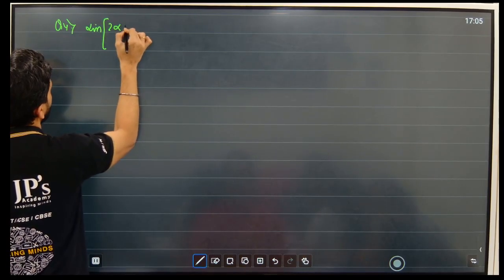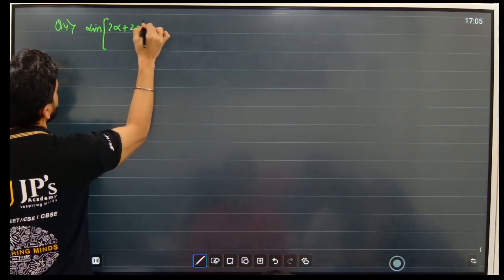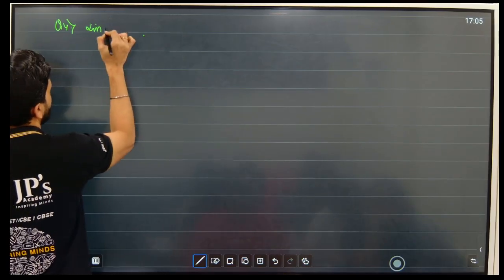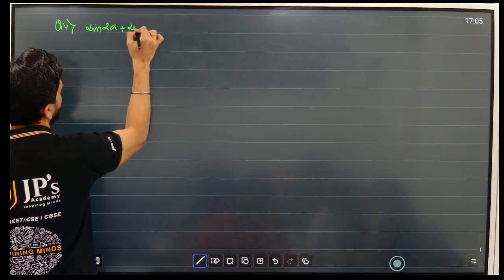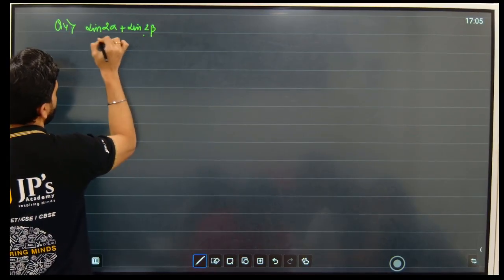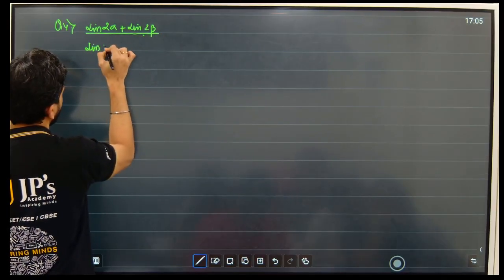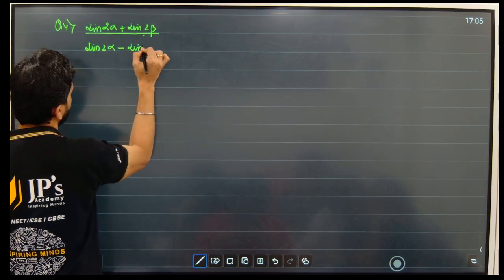Sine 2 alpha plus sine 2 beta upon sine 2 alpha minus sine 2 beta.